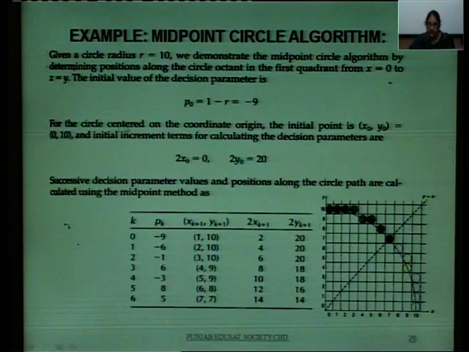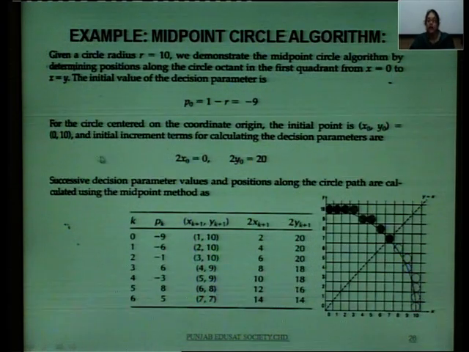For the circle having center at origin, that is 0 0, the initial point is (x0, y0), which is 0 and 10: this is the value of x, this is the value of y.